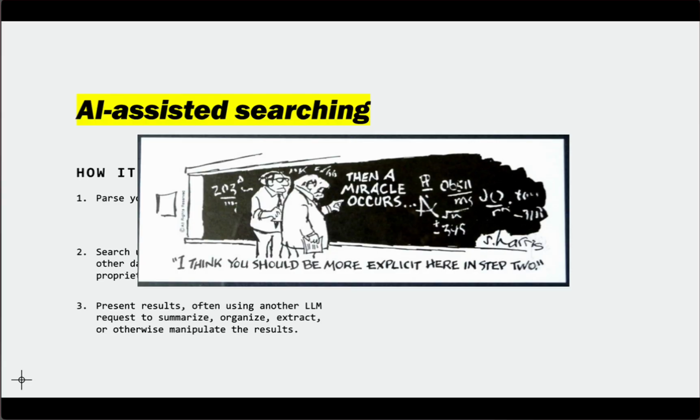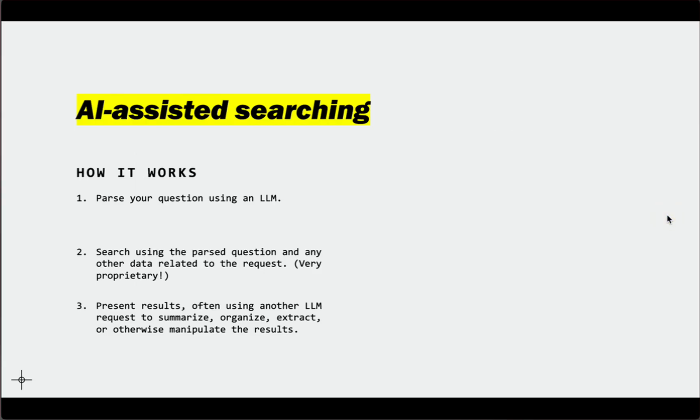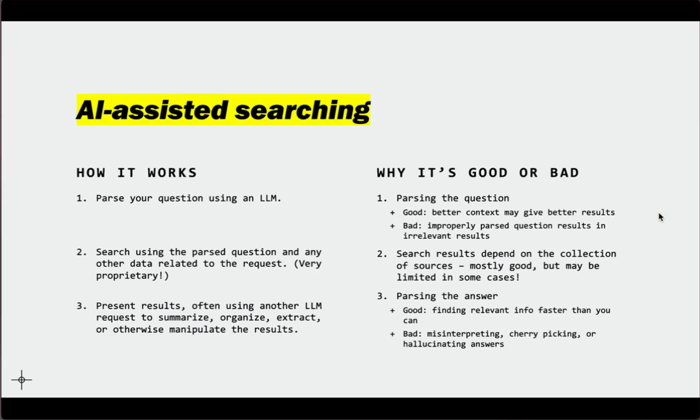And then it presents the results, and those may include another round of large language model requests to summarize, to organize, or analyze the results in some way or another. There are good and bad things that can happen in each step, but that's more or less how it works.